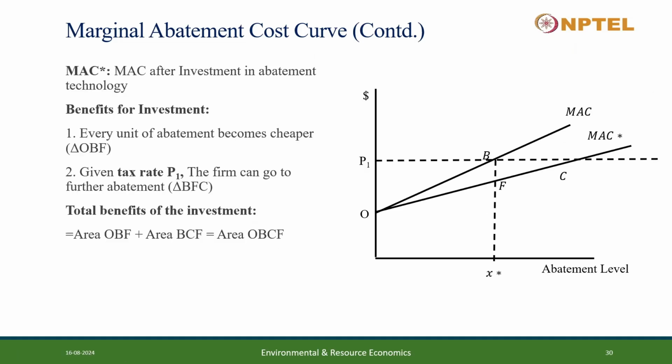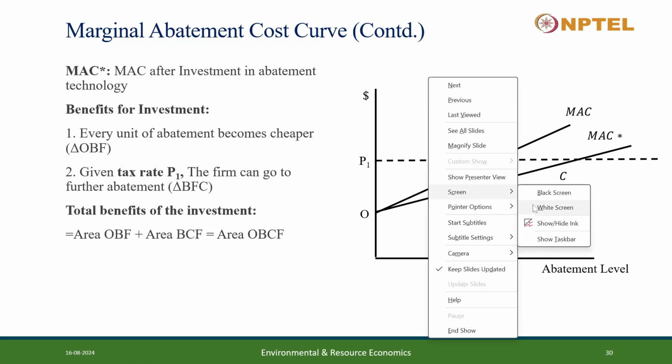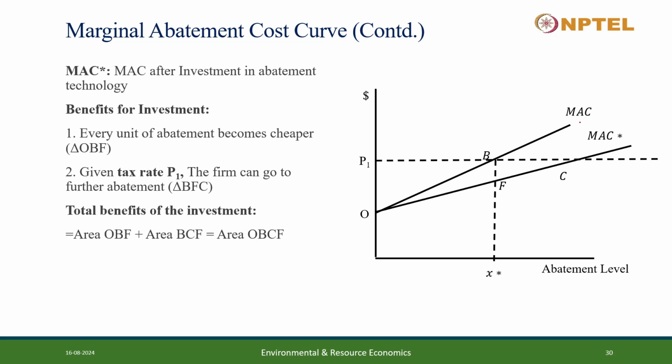Now let's say there is a firm which tries to reduce its emission. This is my initial marginal abatement cost curve. However, I adopted a new technology, and now my MAC curve is this one.